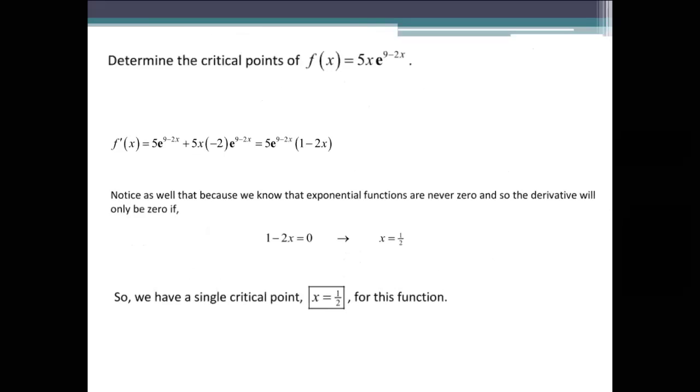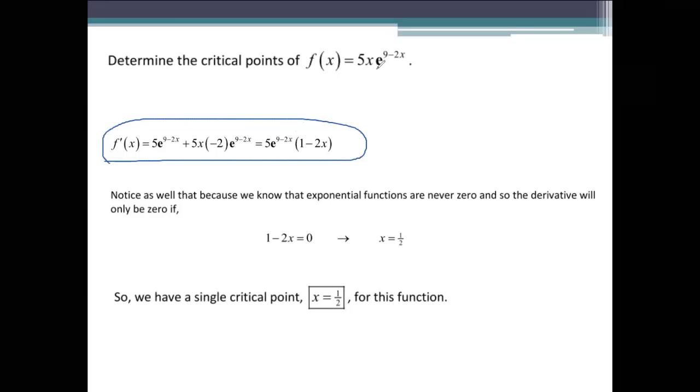The next one: determine the critical points of f of x, which is 5x e to the power of 9 minus 2x. In this case, again, we need to find our critical points beginning from the derivative of our function.